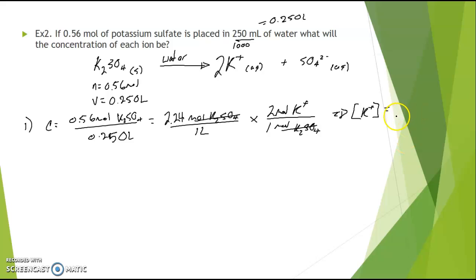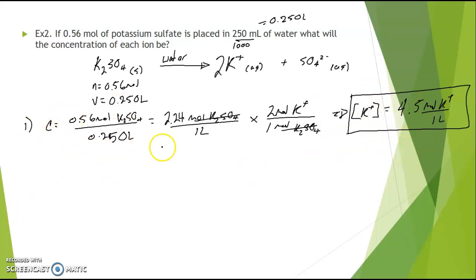We're going to get an answer of 4.48, but we have 2 sig digs here. So our answer is going to be 4.5 moles of potassium ion per 1 liter. And that's our concentration. Okay. So there's our concentration for potassium ions.